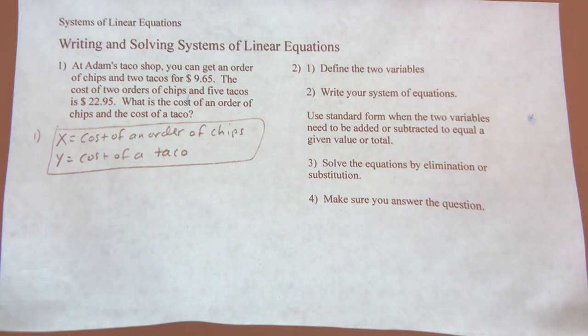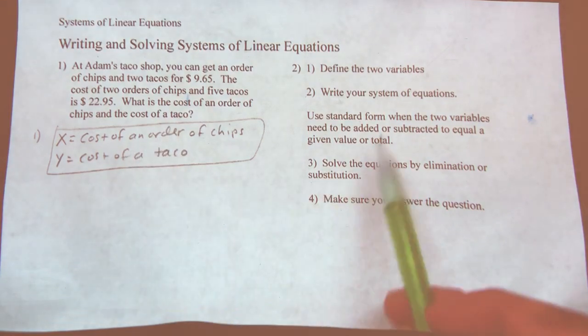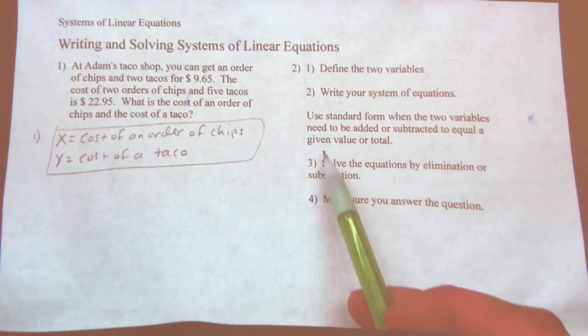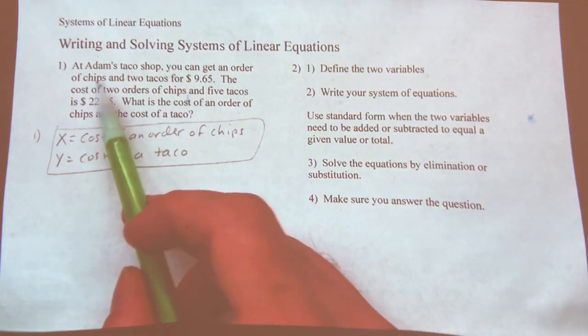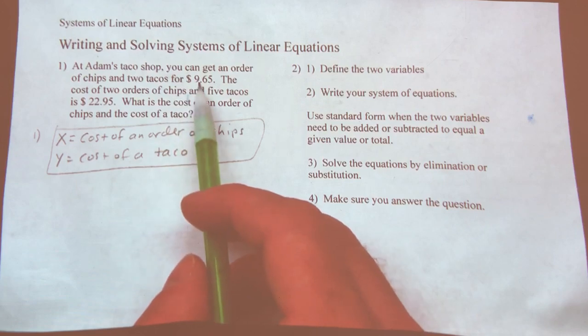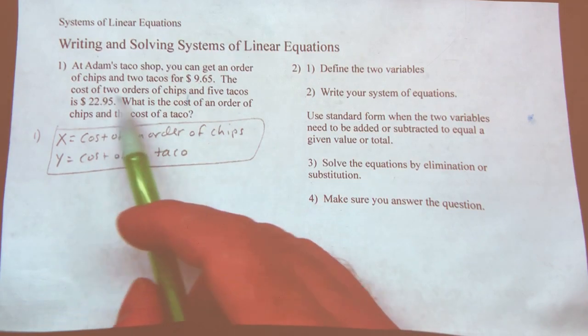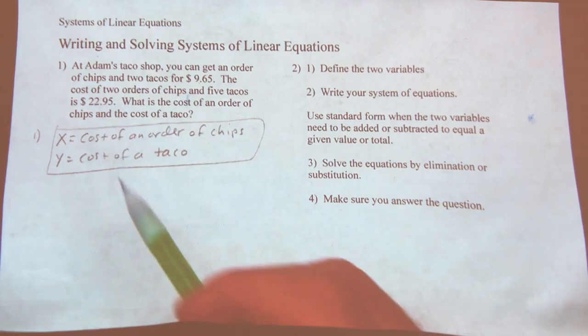The second thing to do is to write the equations. Here we want to use standard form when the 2 variables need to be added or subtracted to equal some given value or total. We can see that you're adding the cost of the chips and the cost of the tacos to get $9.65. And then you're adding again the cost of some number of chips and some number of tacos to get another total amount.